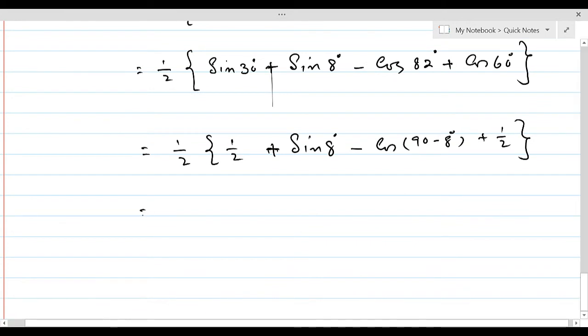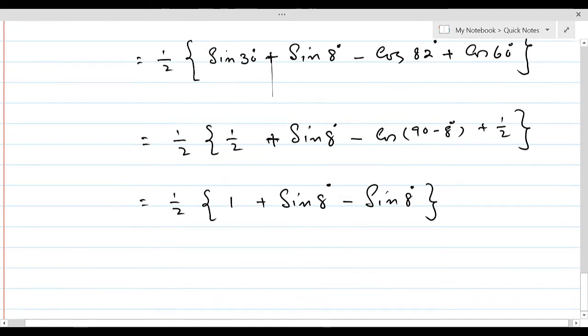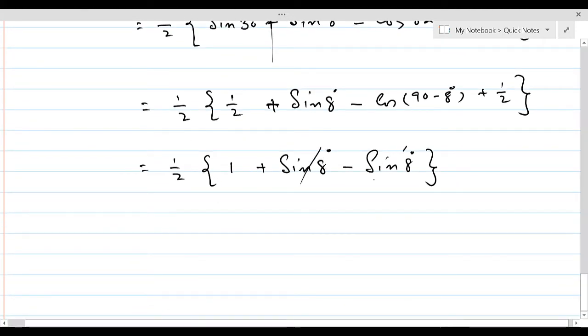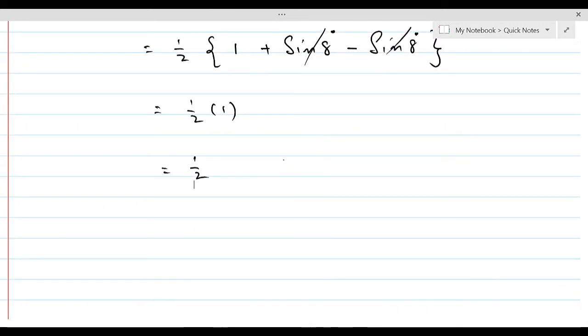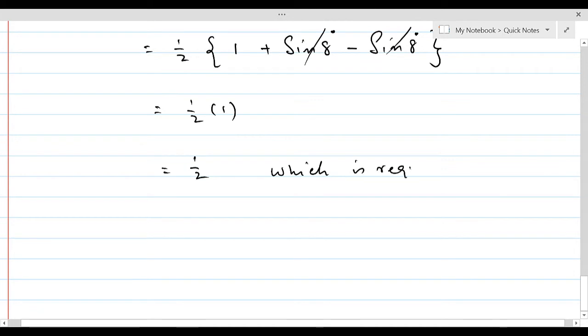So this is equal to 1 by 2 into 1 by 2 plus 1 by 2, that is 1, plus sine of 8 degrees minus sine of 8 degrees, because at 90 degrees cos is going to change the ratio from cosine to sine. So this will get cancelled and we will have 1 by 2 times 1 equal to 1 by 2. And this is what we were required to prove.